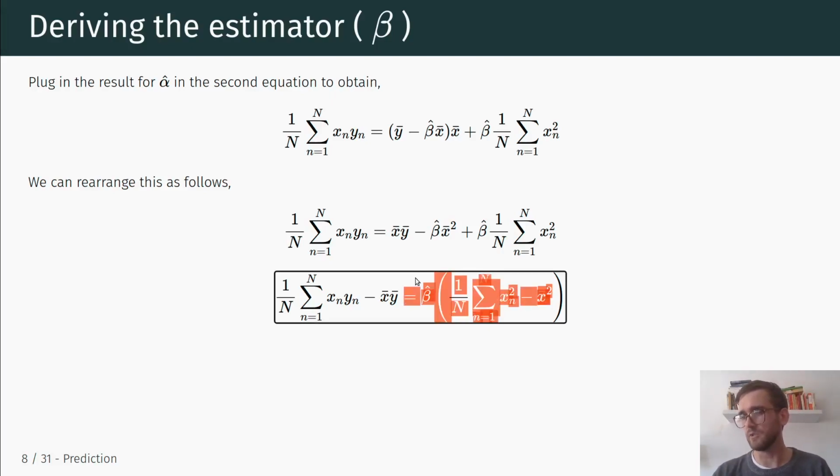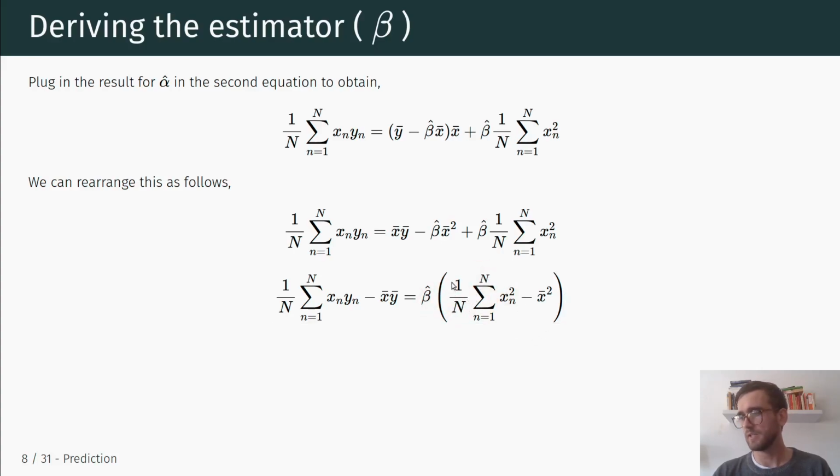Now what we can do, after we have this specification, is take this part of the product and divide on both sides by this part to get this on the other side, right? The underlying goal here is, of course, to get beta hat on one side of this equation, and all the other stuff, which is just things that we observe because that's our actual data, on the other side.